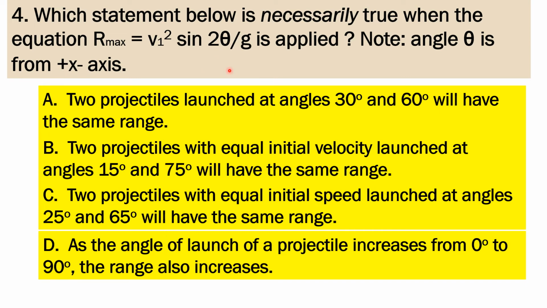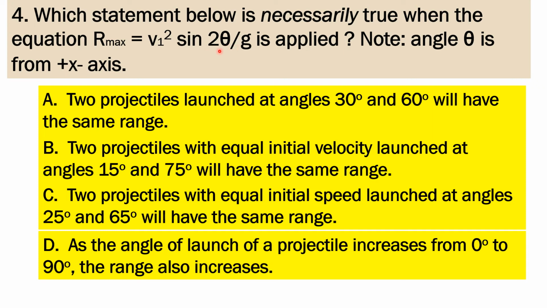Since we let Vi equal a constant, we just look at what's going to happen to the R, or the horizontal displacement, if those angles are considered. If the angle theta is 30, that means 2 theta is 60. What is the sine value of 60 degrees? You can check that in your calculator.